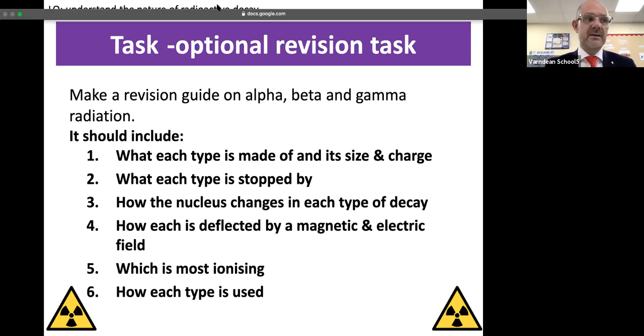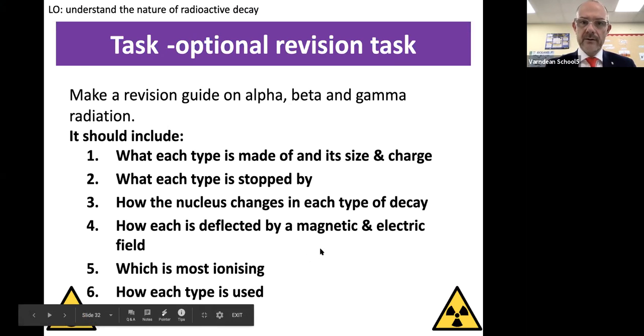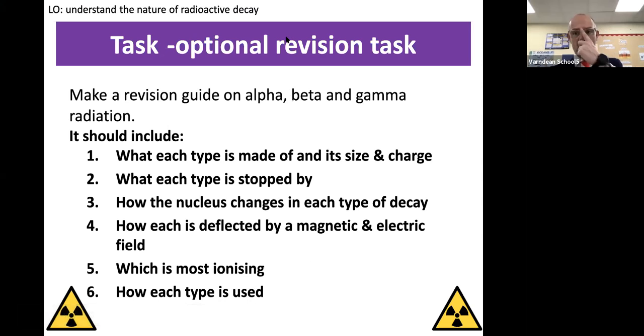Okay, just going to see who was awake at the beginning. This has all been me talking, so let's just check if you can remember this. Which number on the periodic table is the number of protons and neutrons added together? Swap my boards around while we're doing that.